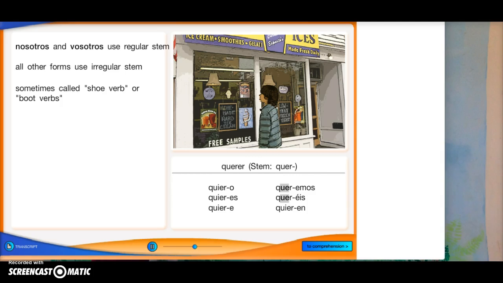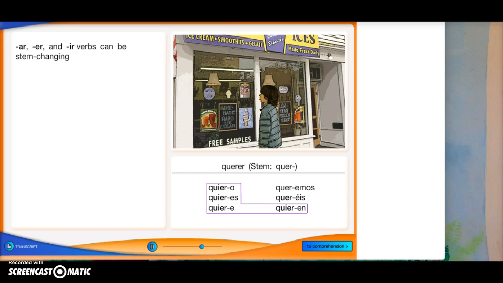Picturing the boot shape can help you remember which forms use each stem. There are stem-changing verbs in all three conjugations, AR, ER, and IR. Since they do not follow the regular pattern, stem-changing verbs should be memorized separately.